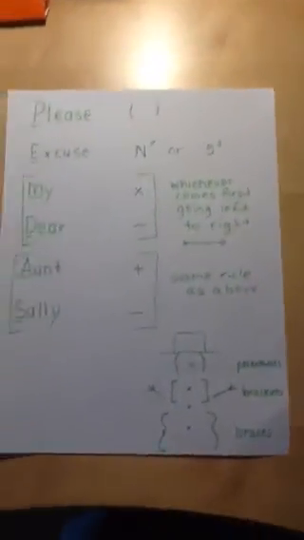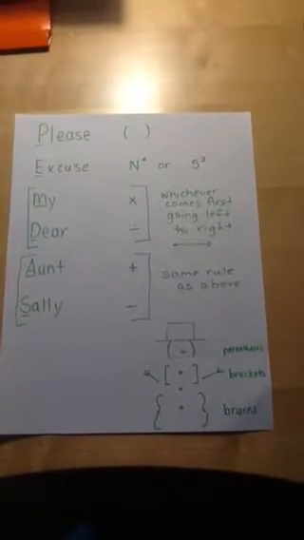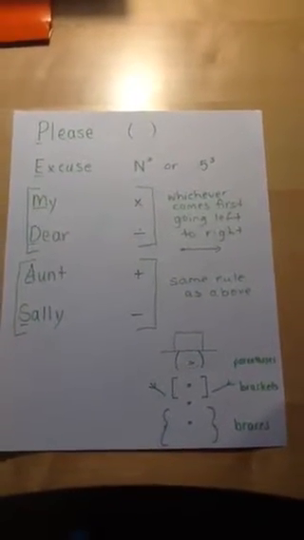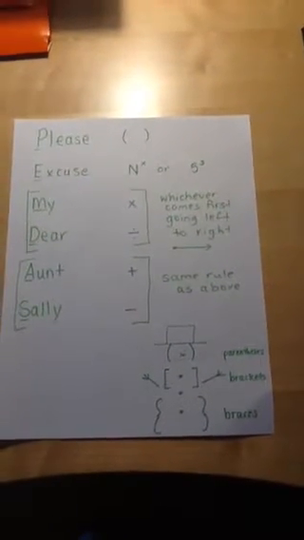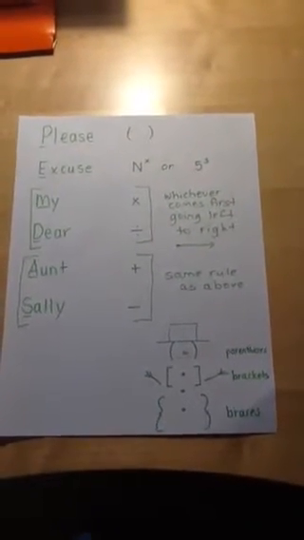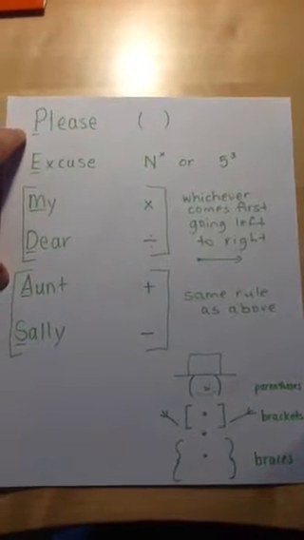Now we have my little cheat sheet that I like to use whenever I am focusing on PEMDAS. PEMDAS, again, is just the little acronym that we use to help us remember what order our operations need to be in. The operation that needs to come first is whatever is inside parentheses.